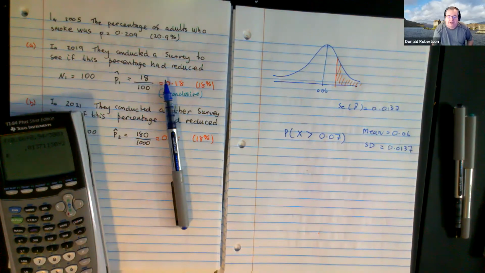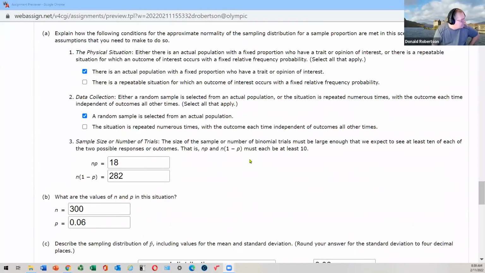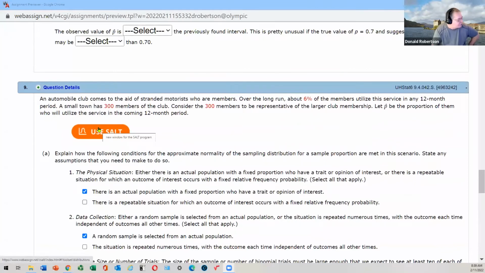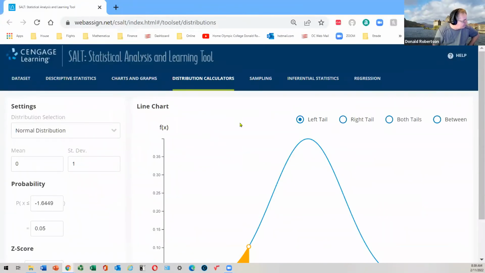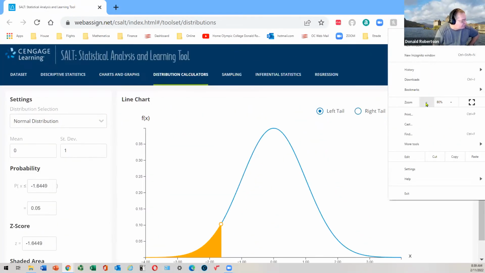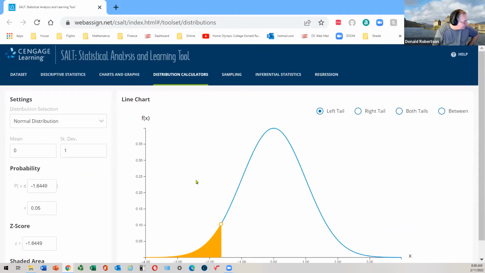Right, now I'm going to go back because we're going to use the applet. In fact, I think this is the only question in this section where you do use it. There it is there. So I'm going to click on that and bring it over here. It's been a little bit of time, but hopefully not too long since we've used it on these distributions. Normal distribution, yep.